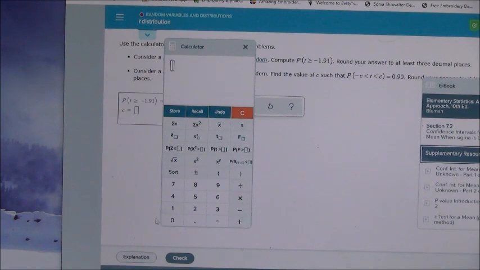So I'm going to clear this out. I'm going to do P of t is greater than 2.00 with my degree of freedom of 15. And then on the outside, I'm going to minus that. And then I'm going to do the P of t again. And I'm going to do my 2.47, my degree of freedom of 15.